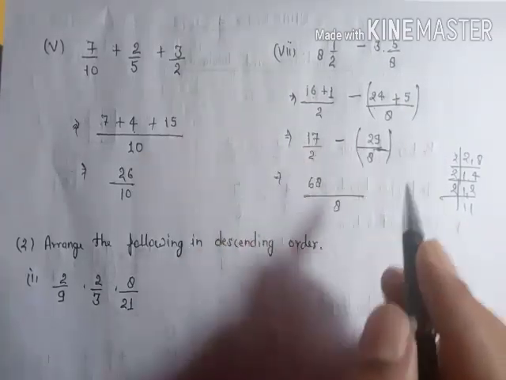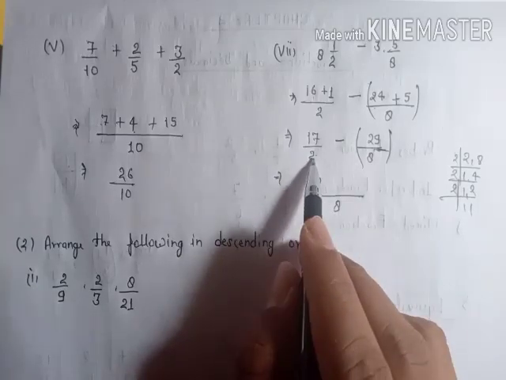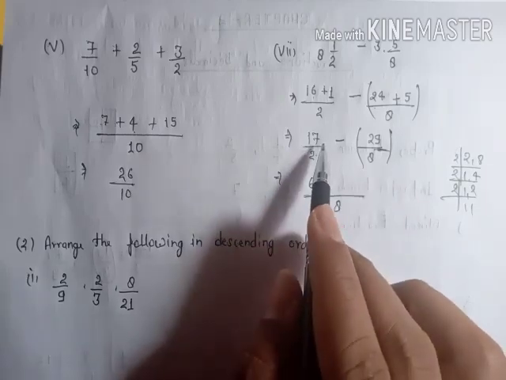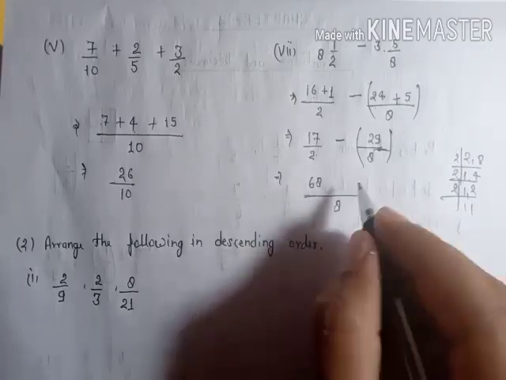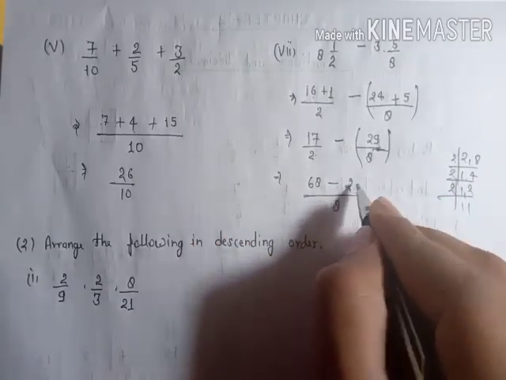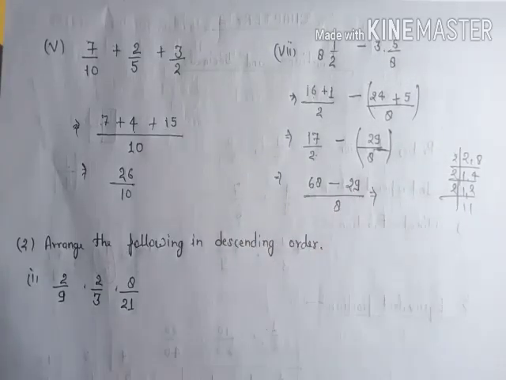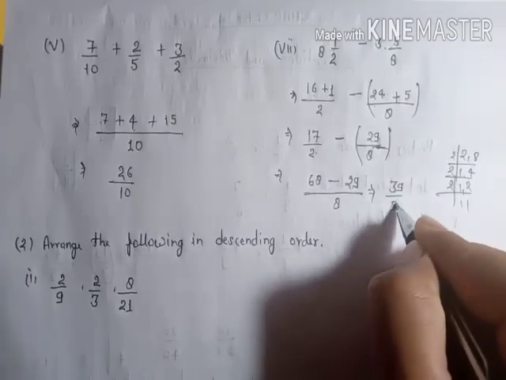Multiply 17 by 4 because when you divide this LCM by the denominator, 2 fours are 8 and 4 times 17, the multiplication of 17 and 4, is 68, minus 8 ones are 8 and multiply 29 by 1. Subtract this, and we will get 39 upon 8.